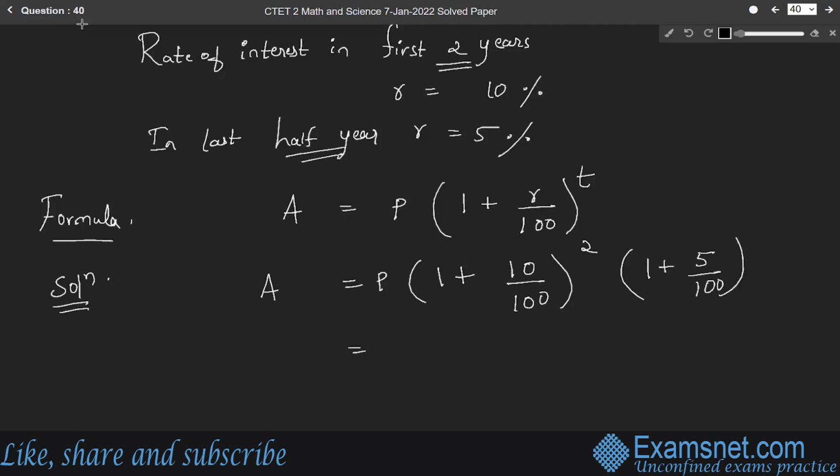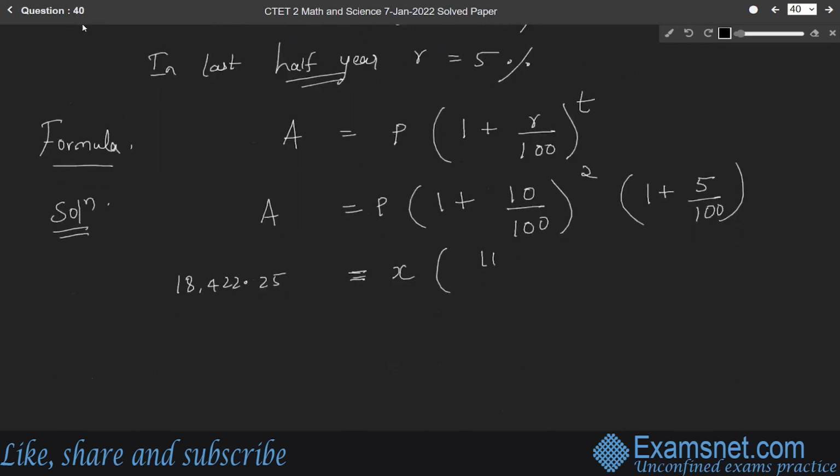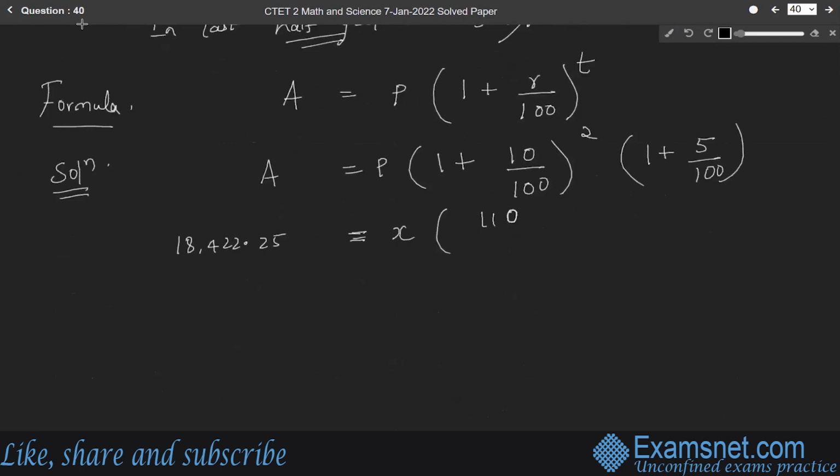Therefore, what is amount here? 18,422.25 is equal to principal x rupees into 110 by 100, to the power of 2, by 105 by 100.